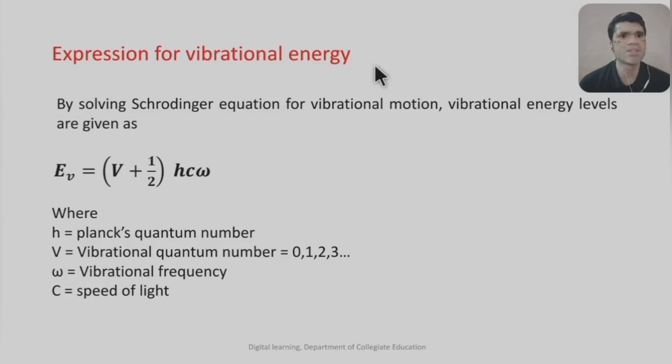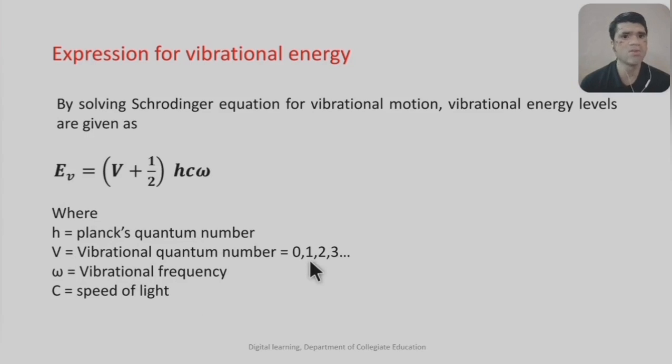Expression for vibrational energy. Here, the vibrational energy for a diatomic molecule is obtained by solving the Schrödinger wave equation. On solving it, we get the vibrational energy E equal to (V plus 1/2) hc omega, where h is Planck's constant and V is the vibrational quantum number.